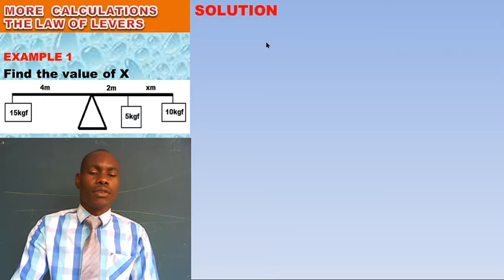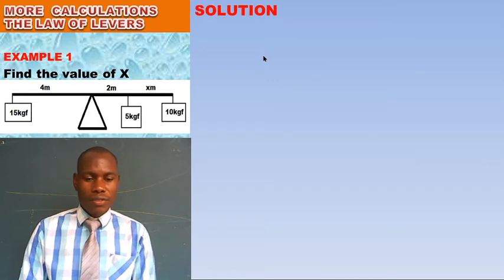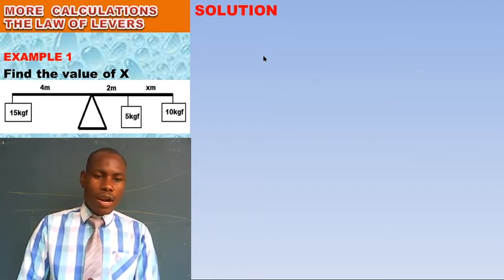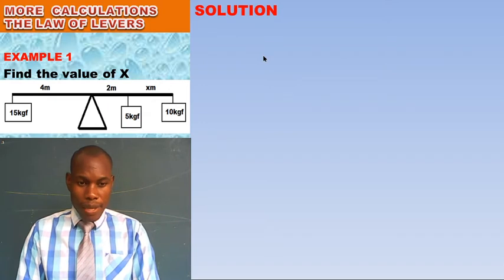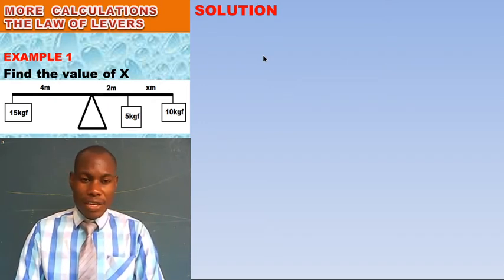Let us go to the solution. We are going to follow the principle of moments, or the law of levers, which states that the product of the load and the load arm is equal to the product of the effort and the effort arm.